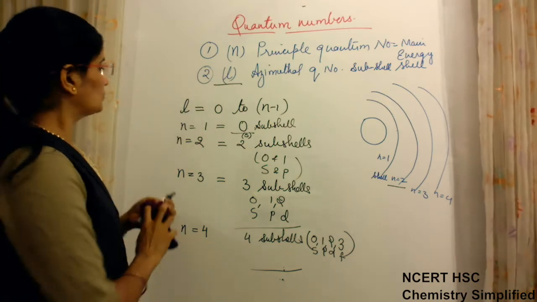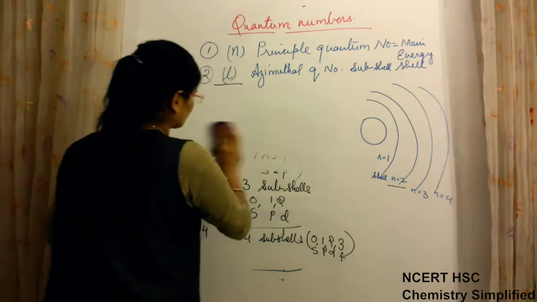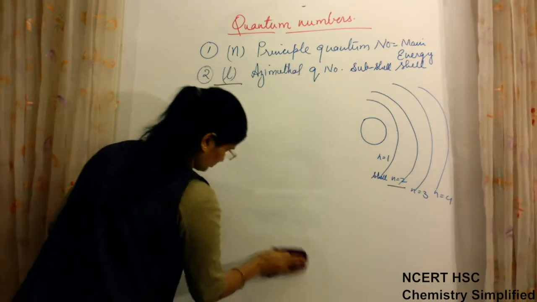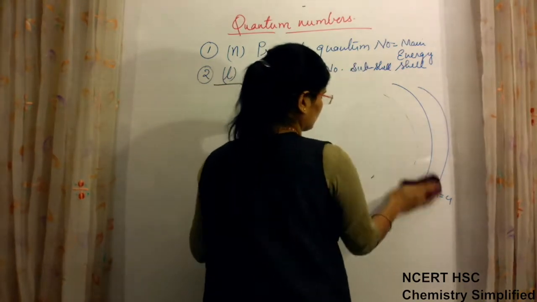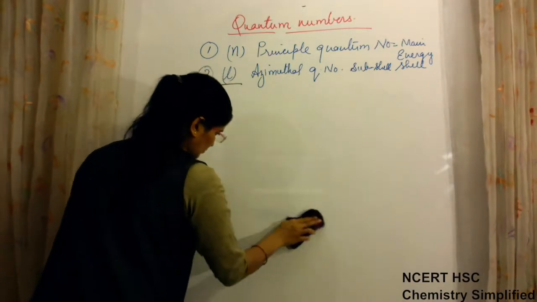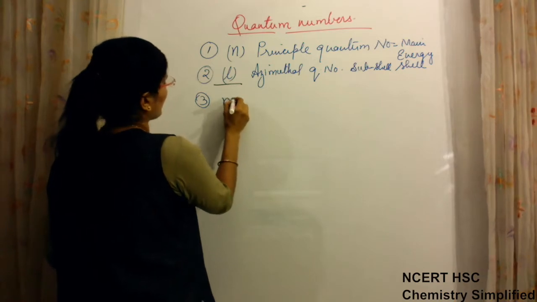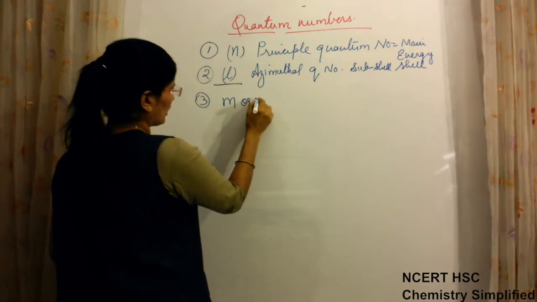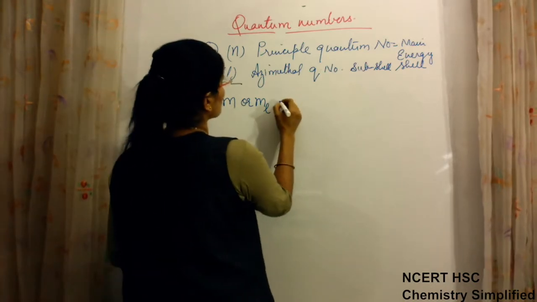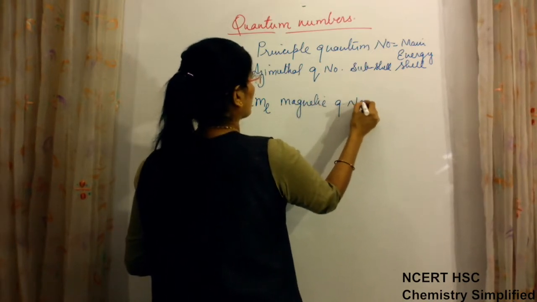Okay. Now we'll come to the third quantum number, denoted by small m or m with subscript L, which is known as the magnetic quantum number.